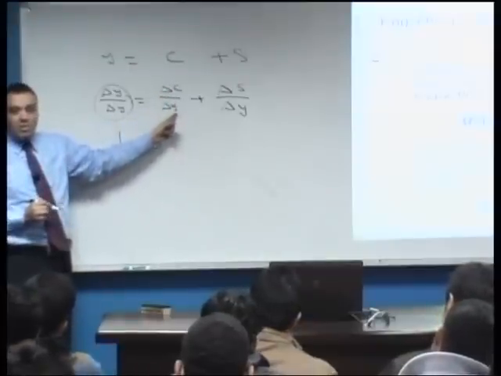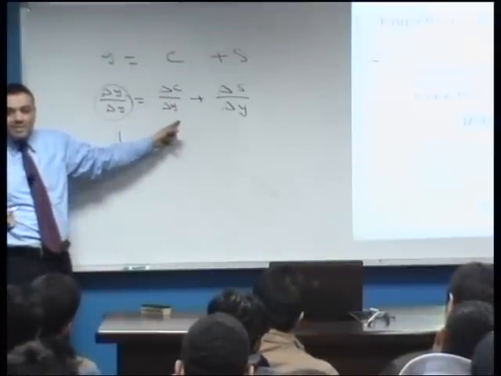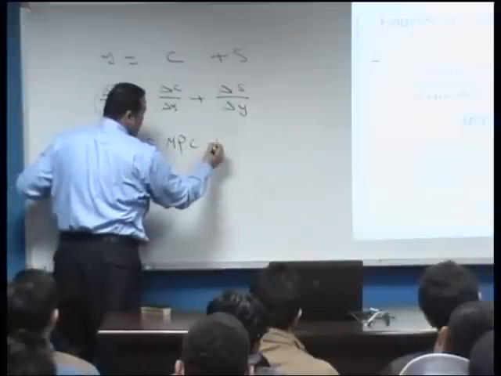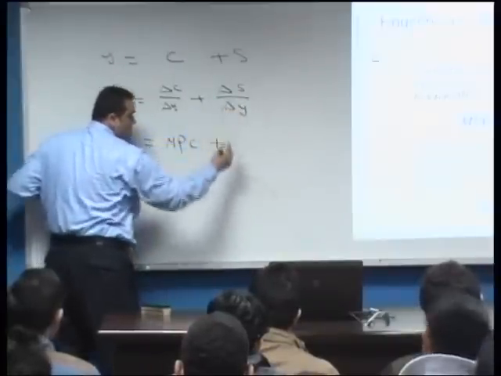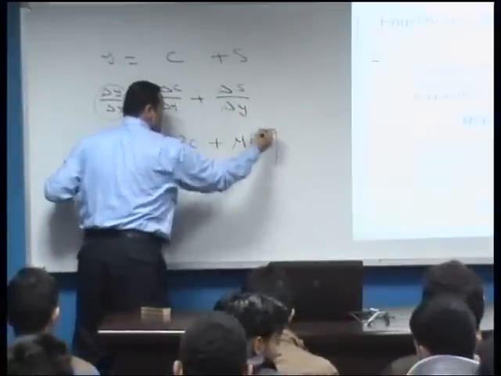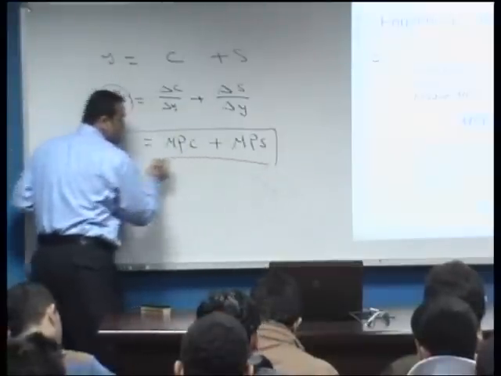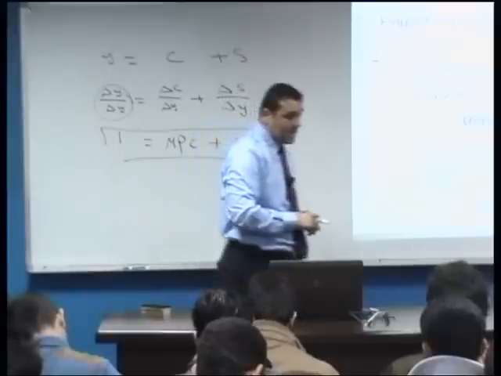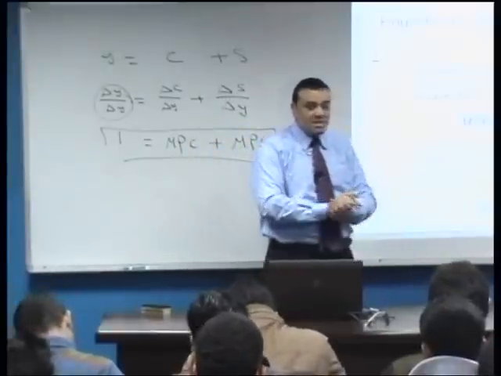Delta C over delta Y equals what? MPC. Plus delta S over delta Y, this is MPS. Exactly, the same result, the same conclusion.